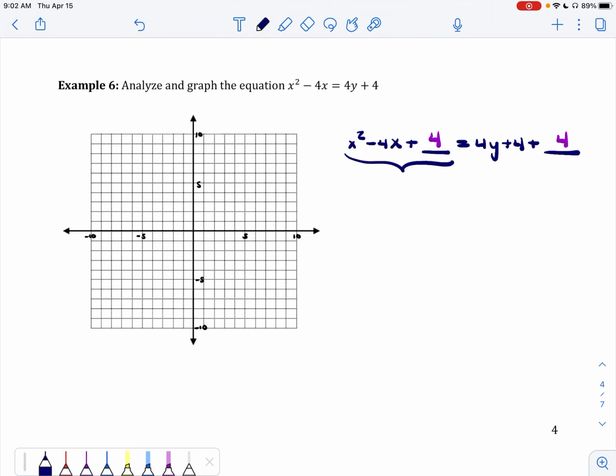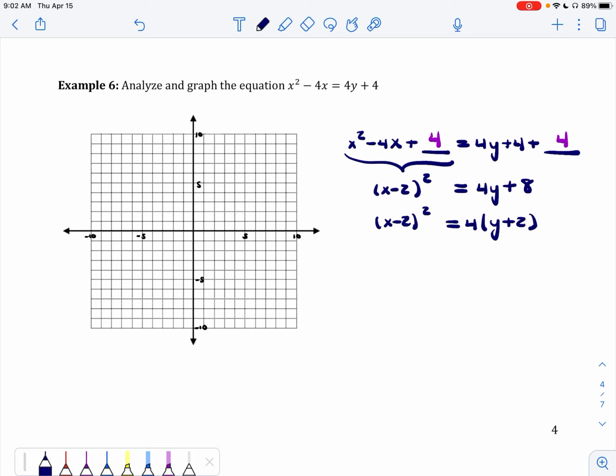The left-hand side would factor as (x - 2)², and then the right-hand side is going to be 4y + 8. On the right-hand side now, we want to pull out our greatest common factor. In this case, we could pull out a 4. So we're going to have (x - 2)² = 4(y + 2).